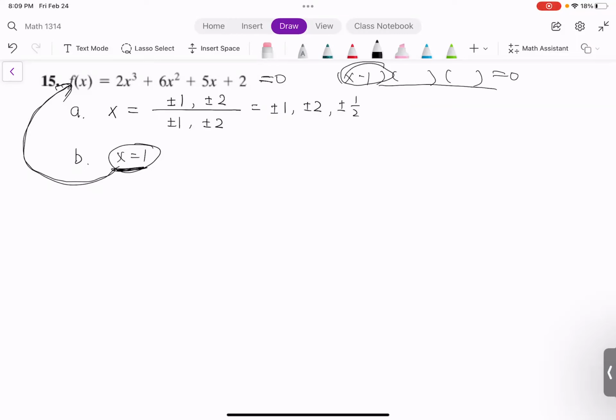If I pick some positive value from the possible rational zeros, you see, here is positive, here is positive, here is positive. 2 is also positive. I cannot make any 0. Oh, sorry. I cannot choose positive number from my possible rational zeros.